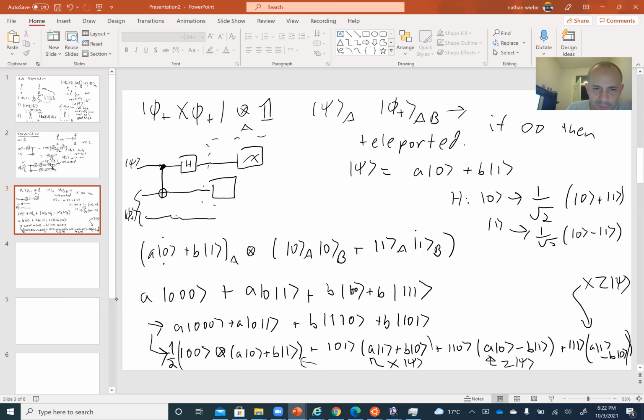So we can do that by doing the following: X, Z, where this means if 1 is measured, apply Z. Okay.